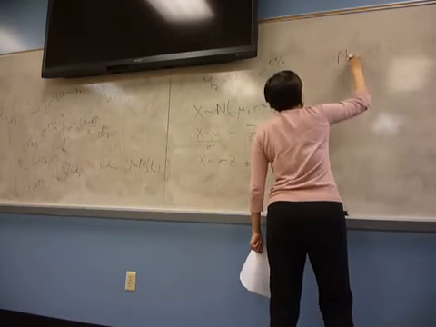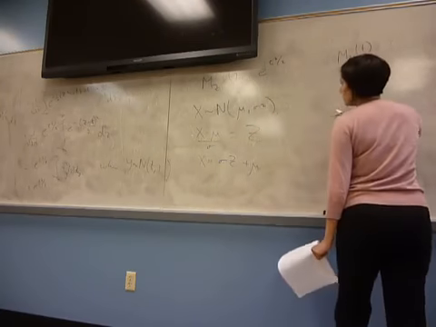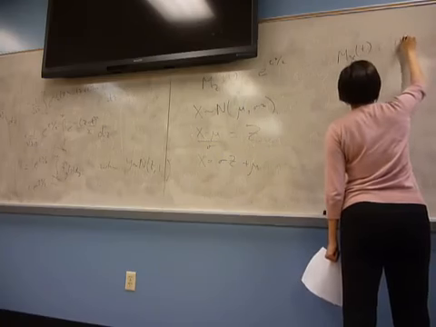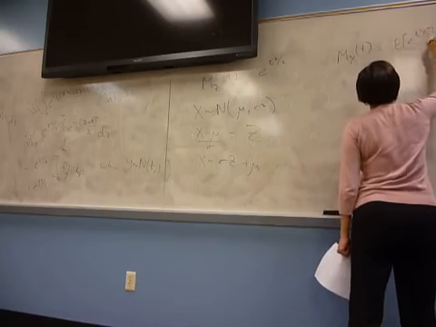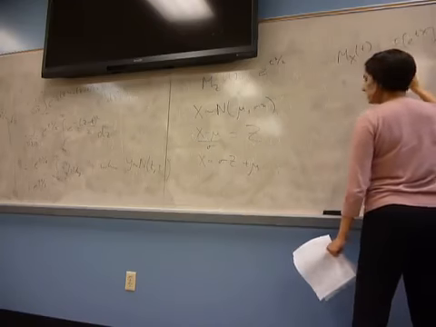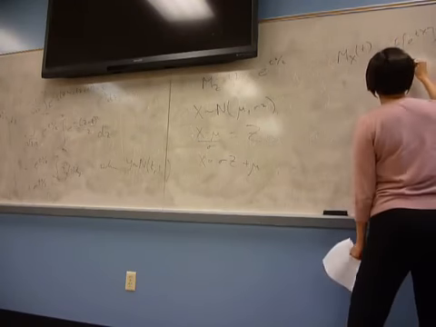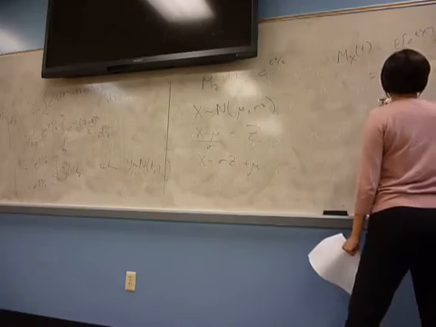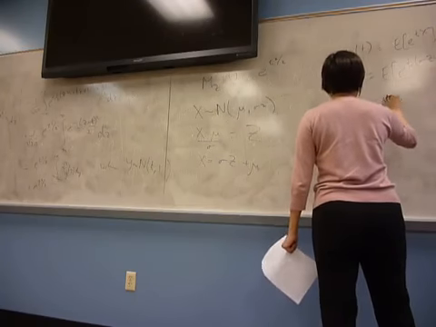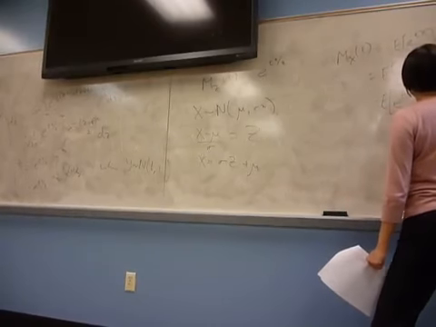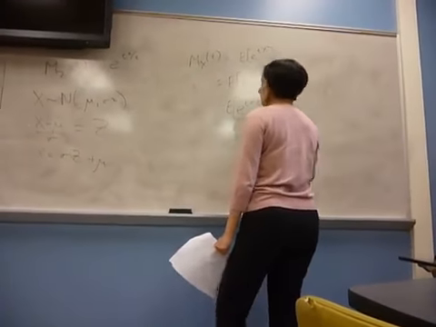So I'm interested in the moment generating function for any normal distribution. This is the expectation of e to the tX. Now I replace X with sigma Z plus mu. This gives me the expectation of e to the t sigma Z plus t mu.